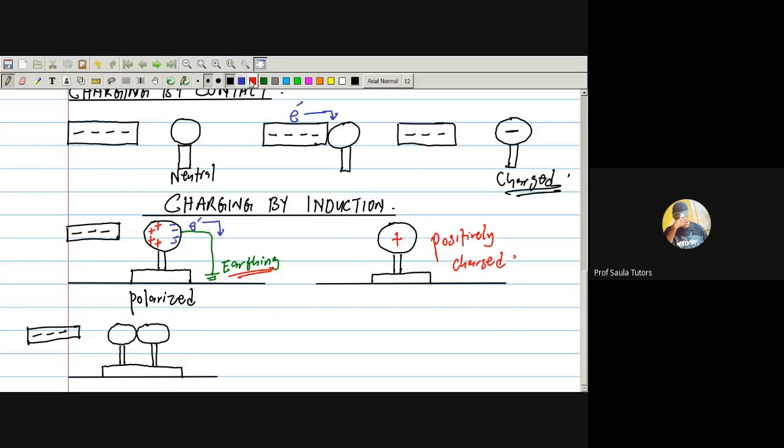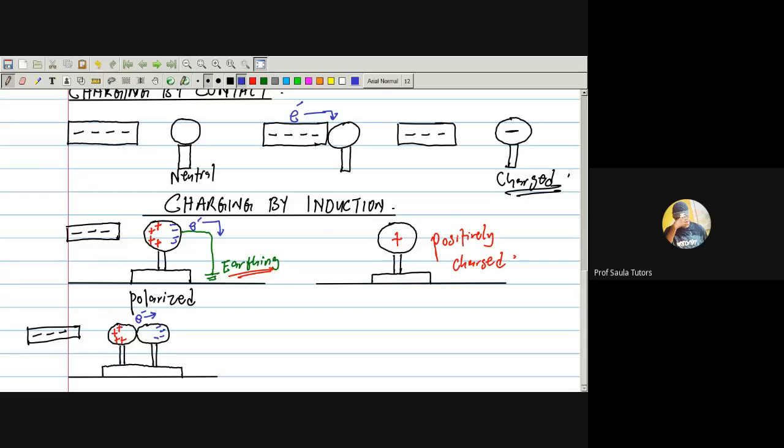Positive charge will build up around this side, and negative charge will build up around this side, because unlike charges always attract each other. The electrons will move towards this side because of the force of repulsion. Are we together? Yes, sir. Good.